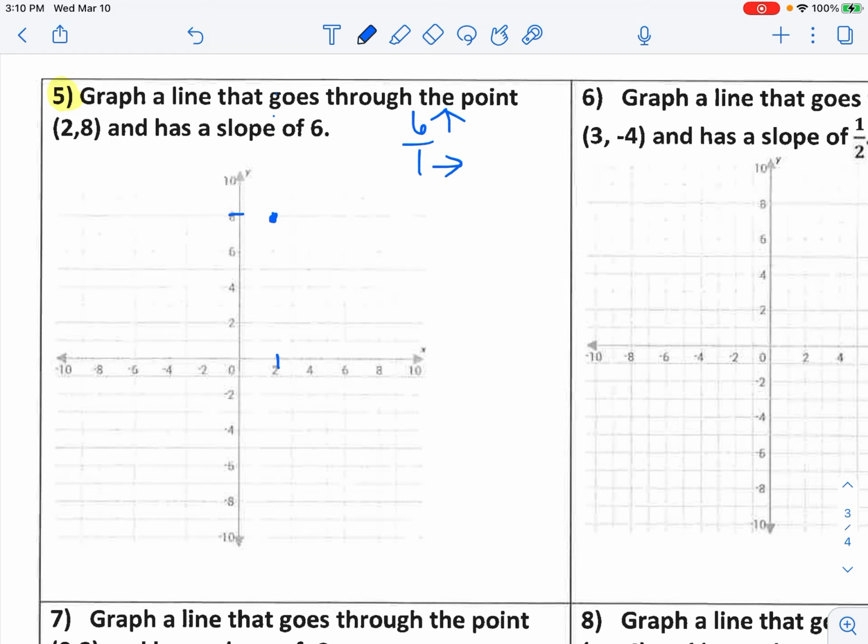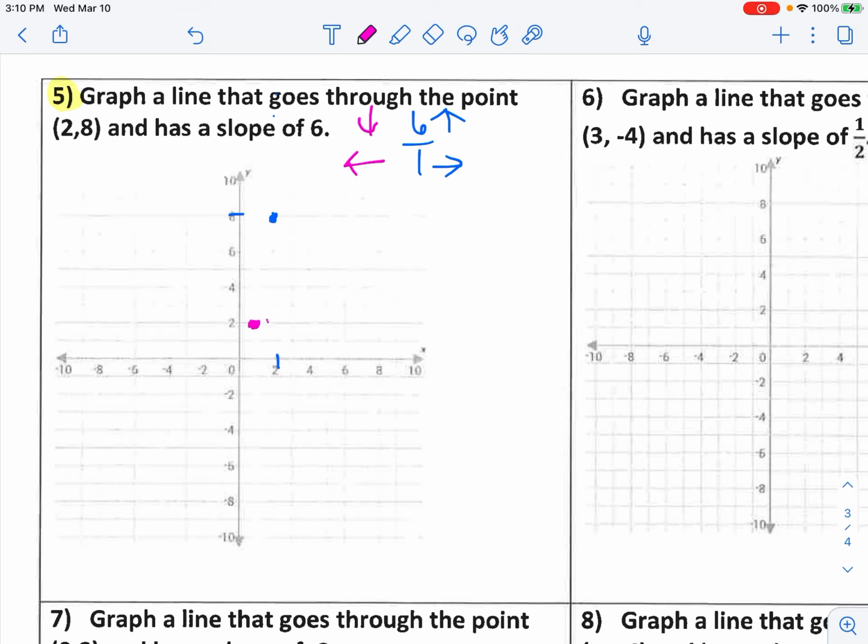The opposite of that, let me choose a different color. If I wanted to work backwards, I could go down 6 and left 1. Let's see what happens if I do that. If I'm going to go down 6, I'm starting at 8, that would put me down at 2. And then I'm going to go left 1. So here's down 6 and left 1.